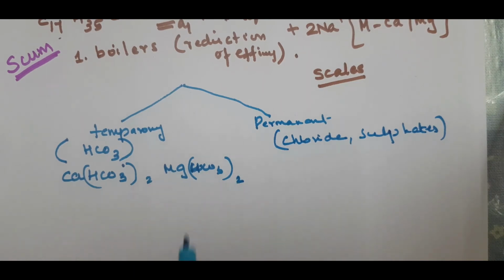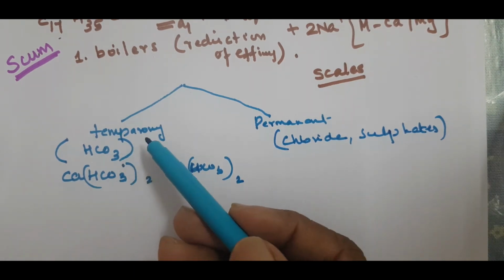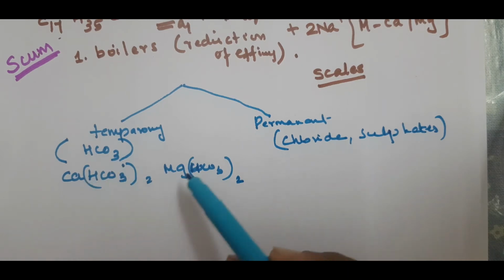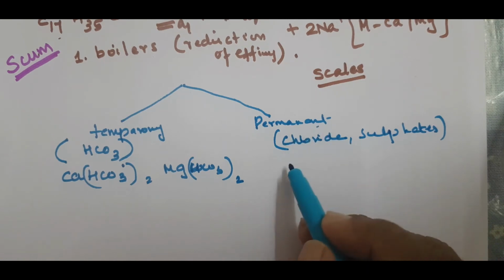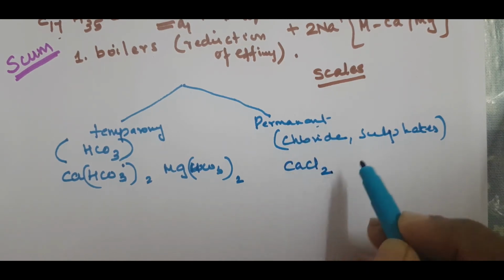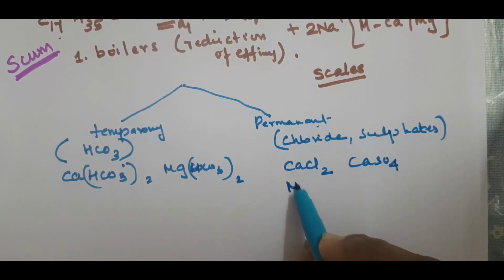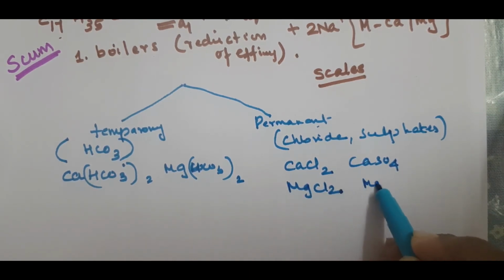So this is about the hardness. If you talk about temporary hardness, it is mainly due to the bicarbonates of calcium and magnesium. When we talk about permanent hardness, it may be due to the chlorides, for example, calcium chloride or calcium sulfate, or magnesium chloride or magnesium sulfate.